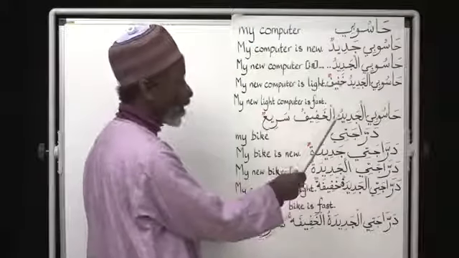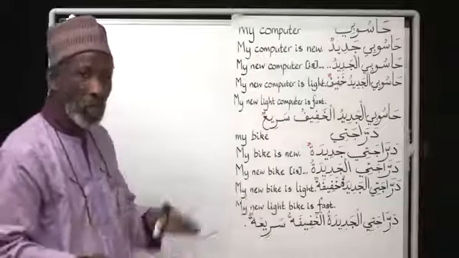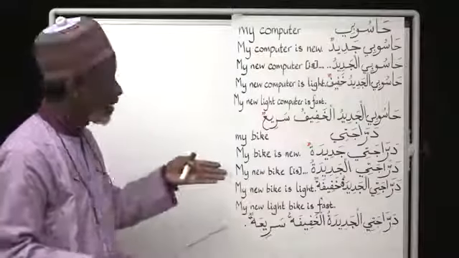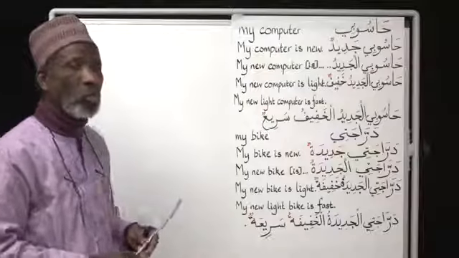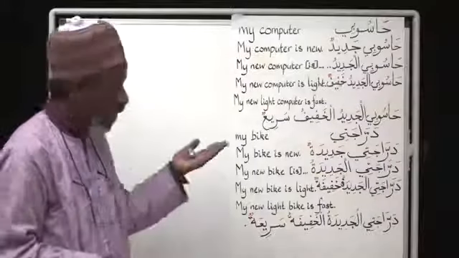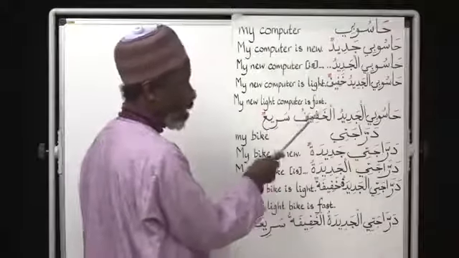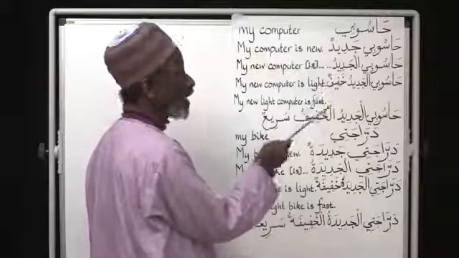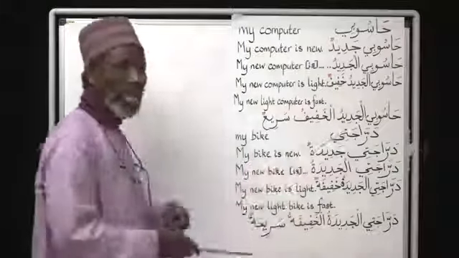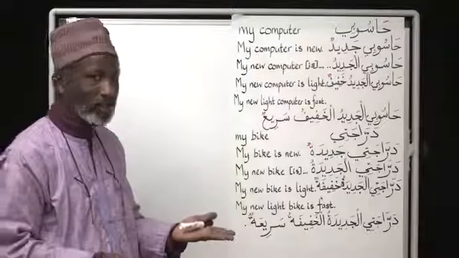Hasubil jadidul khafifu sari'un. A longer sentence to show you that you can add as many descriptions as you like before you complete your sentence, for as long as you drop the al and then complete it as you wish. Hasubil jadidul khafifu, my new light computer is sari'un, is fast.